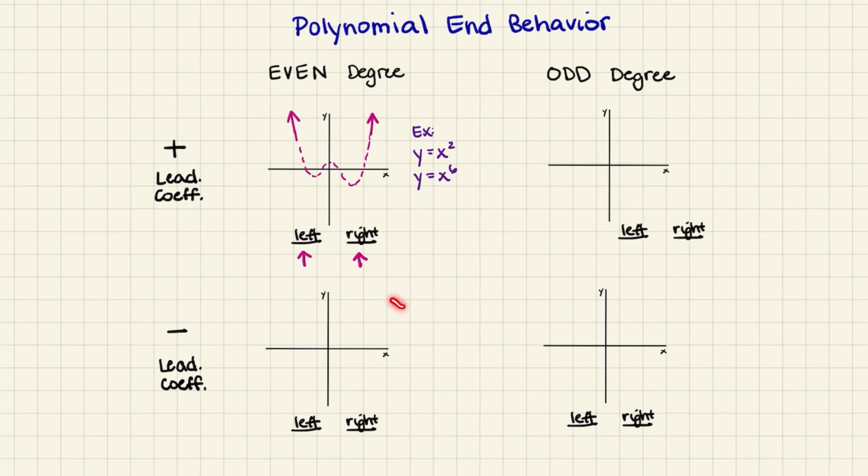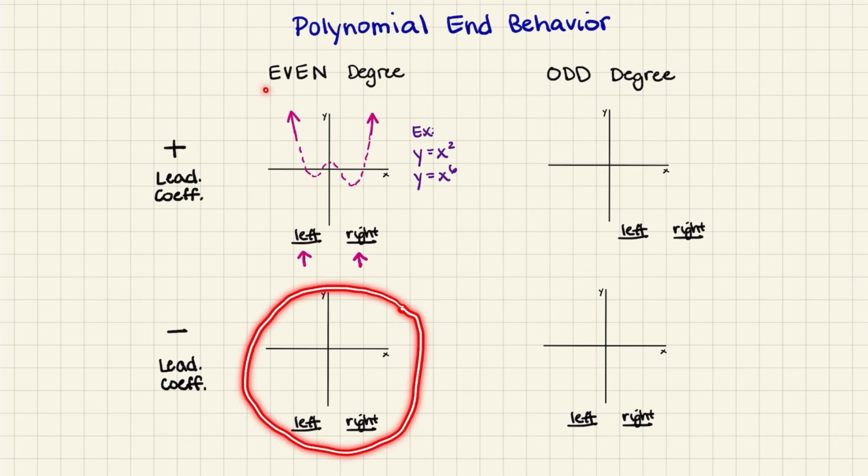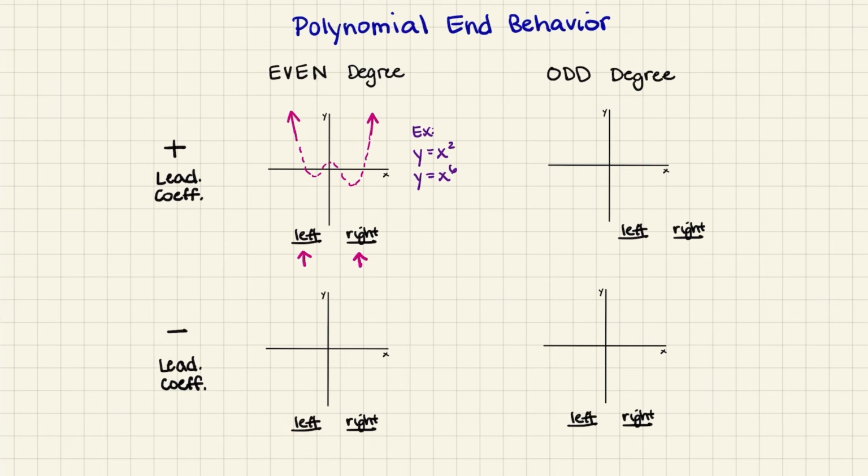Now let's look at a polynomial that fits these characteristics. So an even degree polynomial with a negative leading coefficient. So examples of that would be y equals negative 4x squared, y equals negative x to the 4th, and so on.